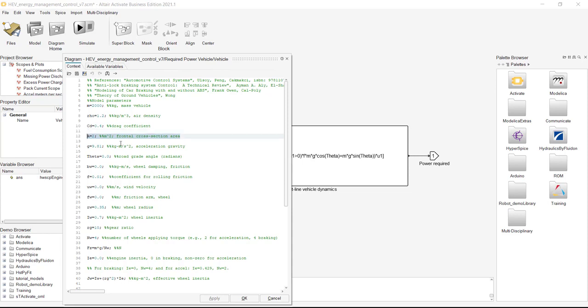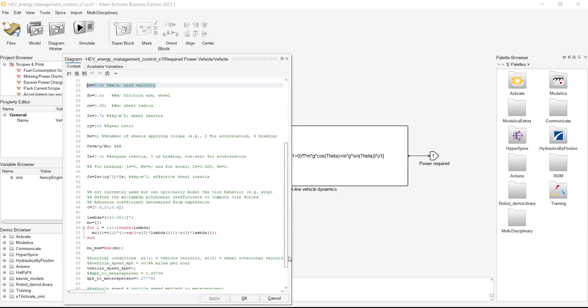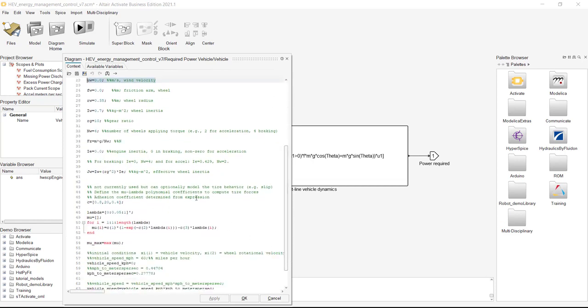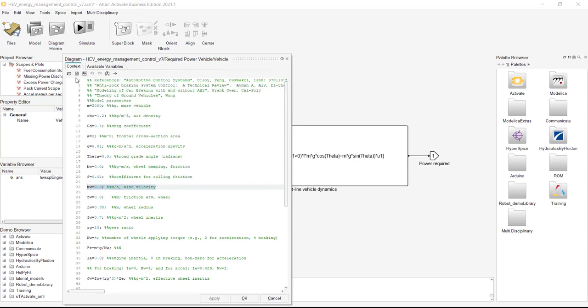The frontal cross-sectional area, these go into the calculation of the drag force. We're going to take into account the road angle, the gradient of the road or the incline, coefficient of rolling friction, wind velocity. So all of these parameters are defined in this diagram context.